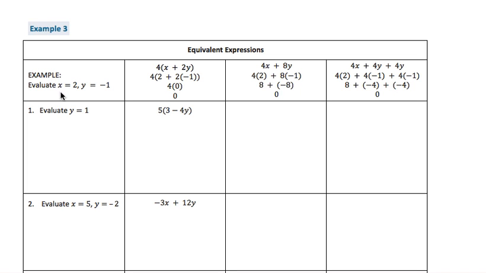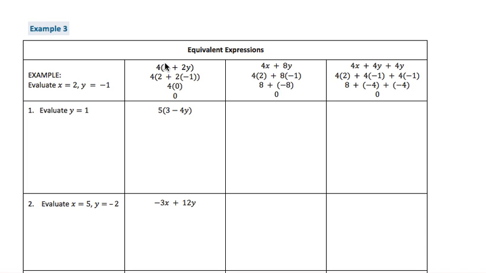And we can see that they've asked us to make x equal 2 and y equal -1. We substituted into that expression and solved and got 0. Another way to write 4 times the quantity x plus 2y would be to distribute the 4, since it is being multiplied times both x and 2y.